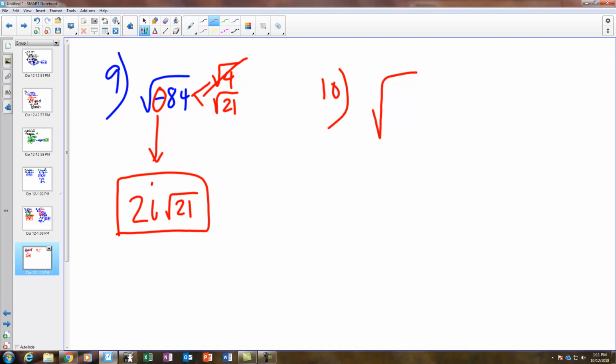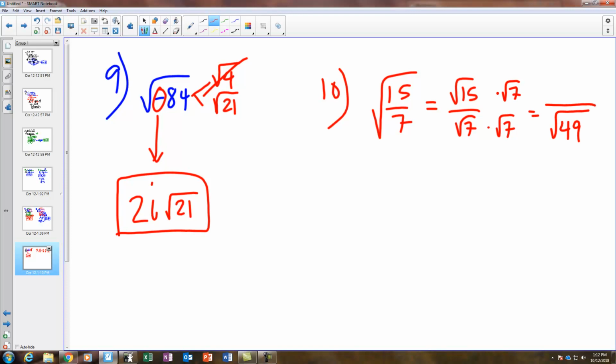We have the square root of 15 over 7, which we know we can split as root 15 over root 7. But we're not allowed to leave a square root in the denominator, so I've got to turn that 7 into something that has a square root. Well, if I multiply by the square root of 7, top and bottom, the bottom becomes the square root of 49, which I know is really just a 7.